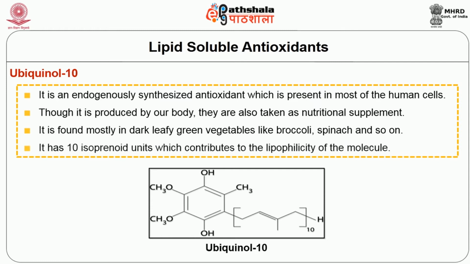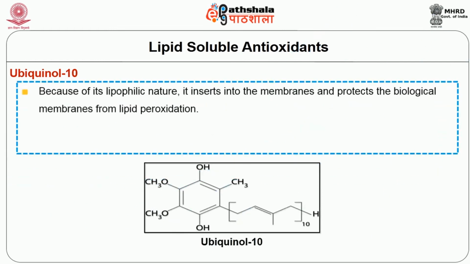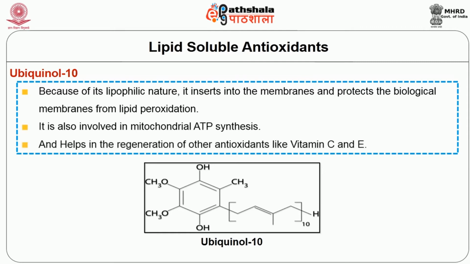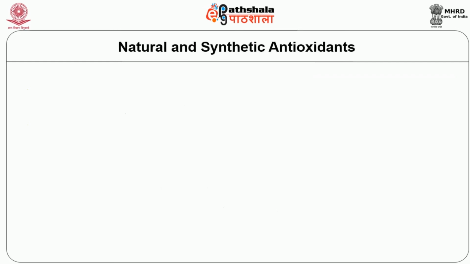It has 10 isoprenoid units which contribute to the lipophilicity of the molecule. Because of its lipophilic nature, it inserts into the membranes and protects the biological membranes from lipid peroxidation. It is also involved in mitochondrial ATP synthesis and helps in the regeneration of other antioxidants like vitamin C and E.